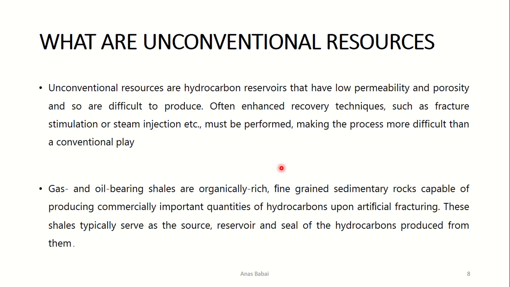The second difference is that in conventional reservoirs we have the petroleum system, and we have already covered the petroleum system concept in the last year, and we said that it contains both elements and processes.